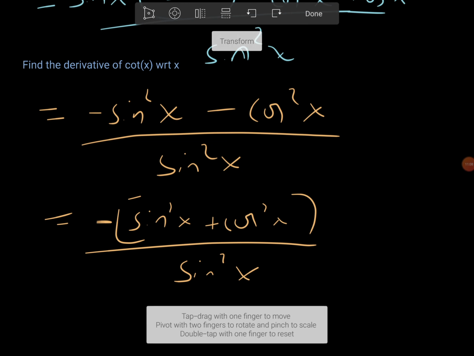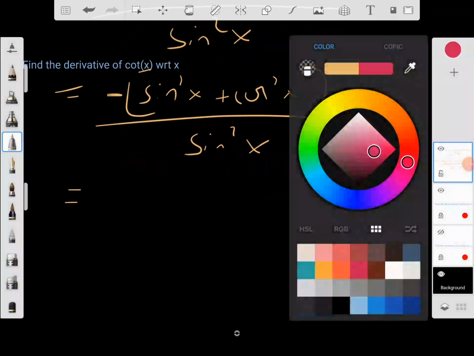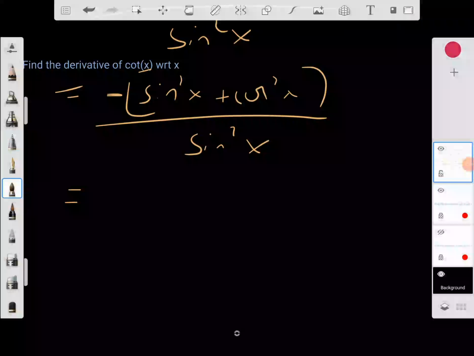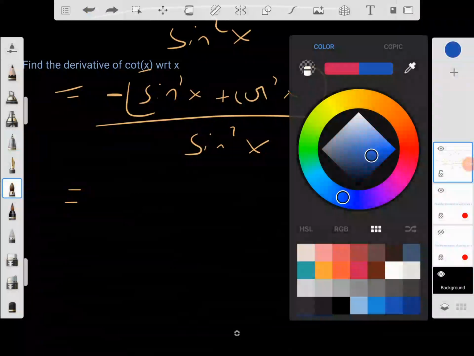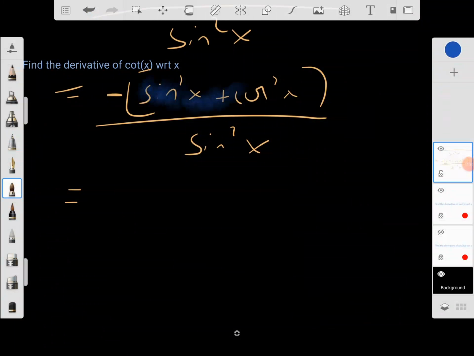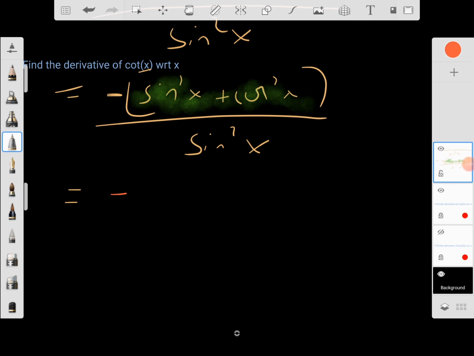Now what is that? Again keep on solving. This value, sine square x plus cos square x, is 1. So writing that, this will be minus 1 whole divided by sine square x.